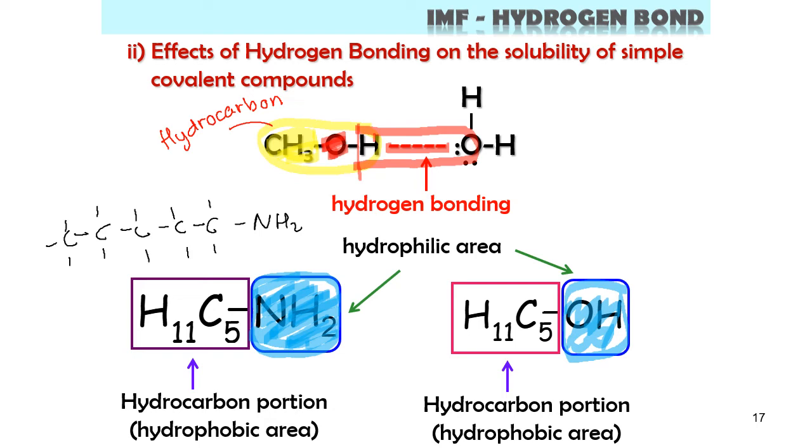So means this hydrocarbon area adalah sangat-sangat besar, which is dia akan ganggu kamu punya hydrophilic area. So semakin panjang kamu punya hydrocarbon ini, semakin banyak carbon, hydrophobic part, the solubility of the compound akan decrease. Sama jugalah untuk this case.